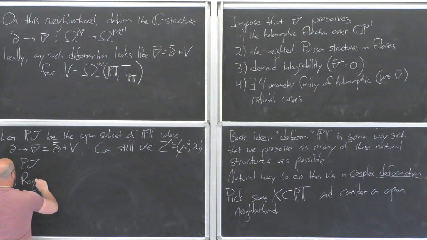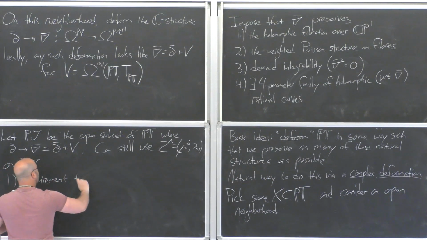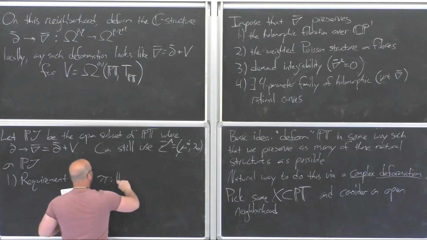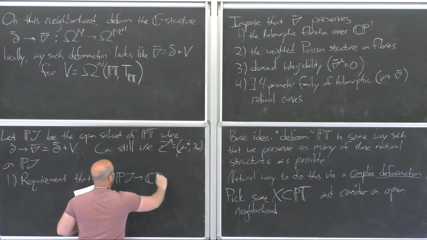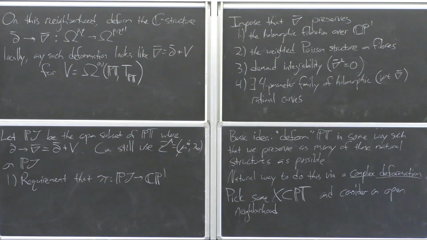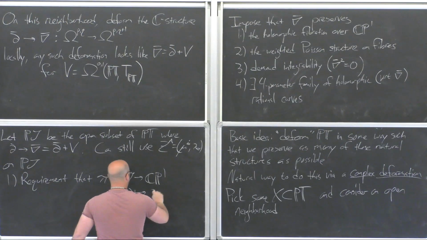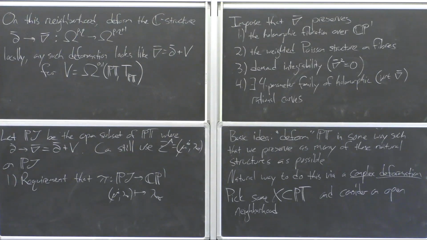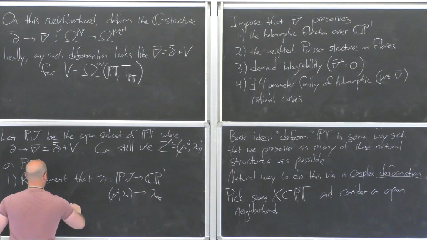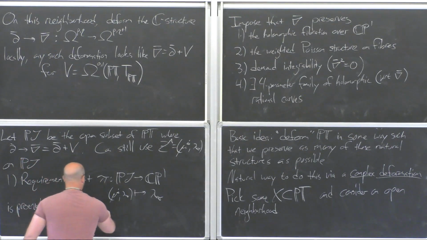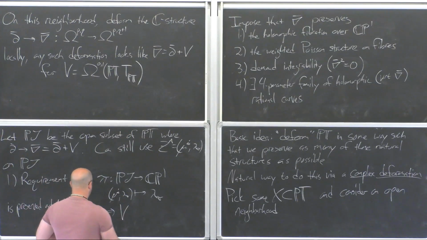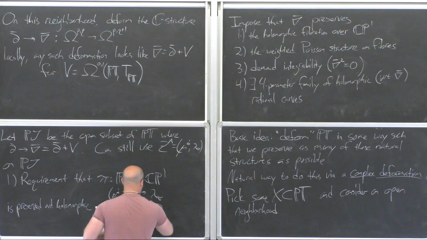So the requirement that the projection pi from twistor space to CP1 is preserved, remember, this is sending (mu^alpha-dot, lambda_alpha) to lambda_alpha, the requirement that this is preserved as a holomorphic fibration implies that our deformation V, the vector field, can't point in the lambda directions.